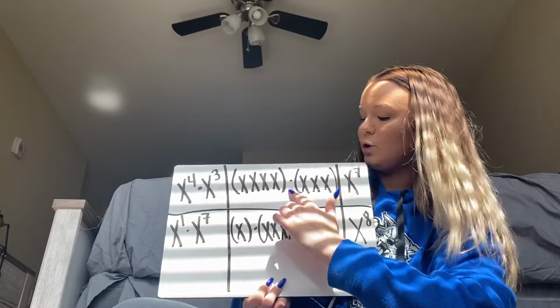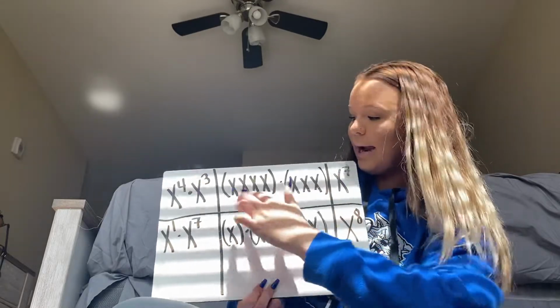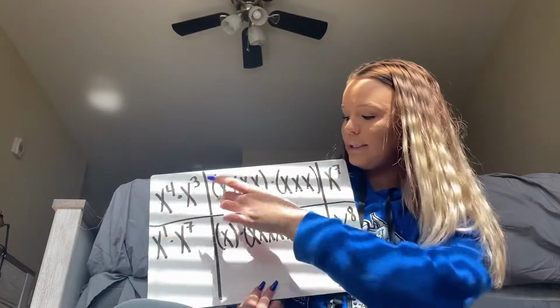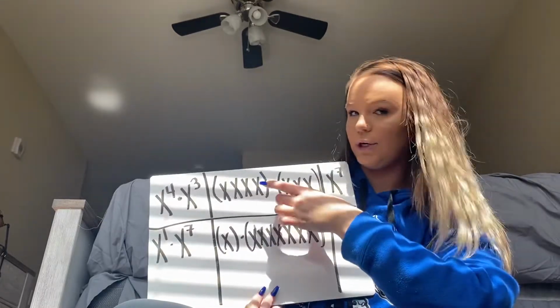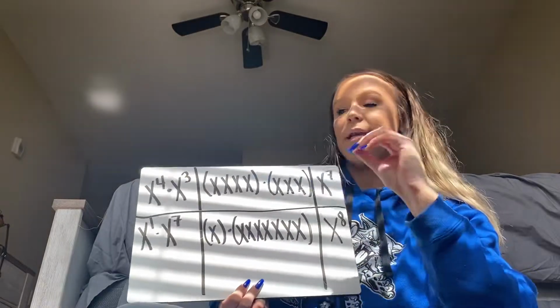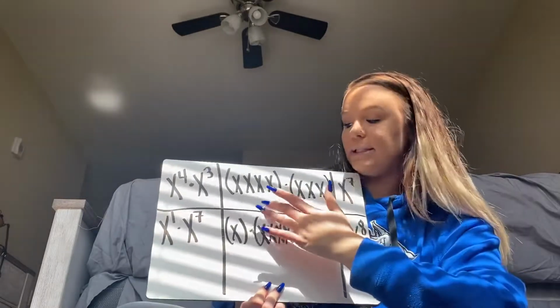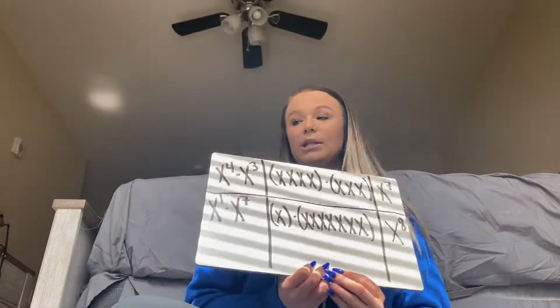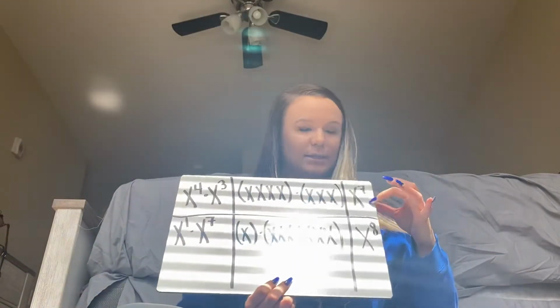And then I have x to the third represented as 1, 2, 3 x's. So this is x to the fourth, and this is x to the third. I have it written out for you all, and in the blank spaces, you're going to write it out all the way. And then your solution is x to the seventh.